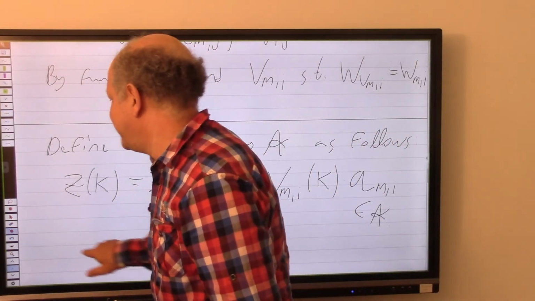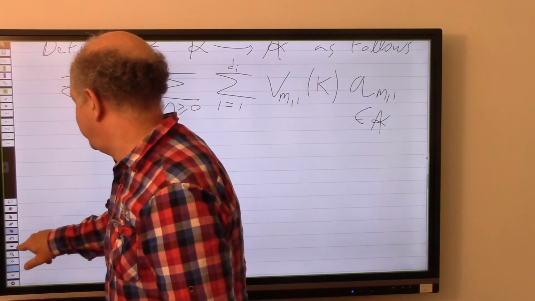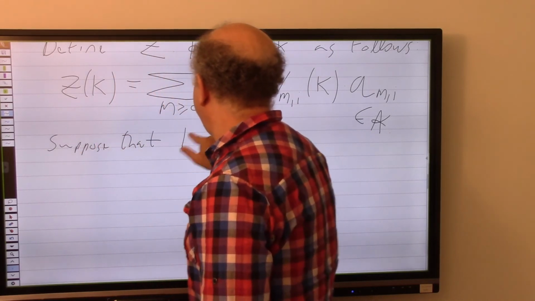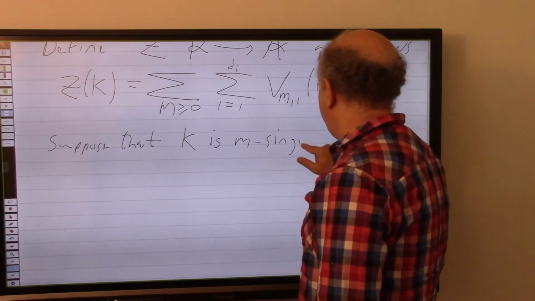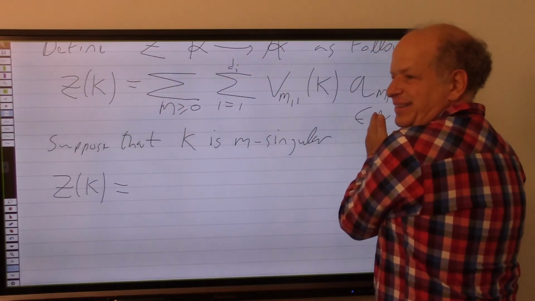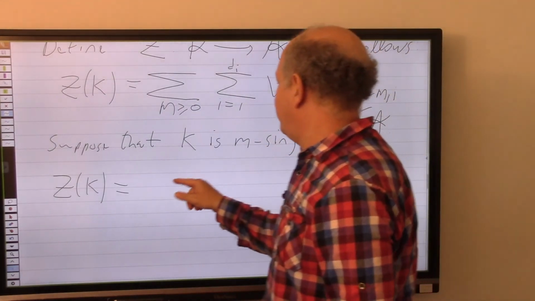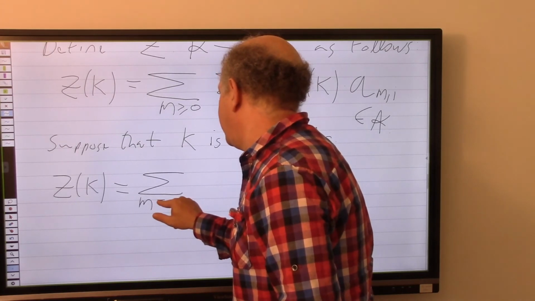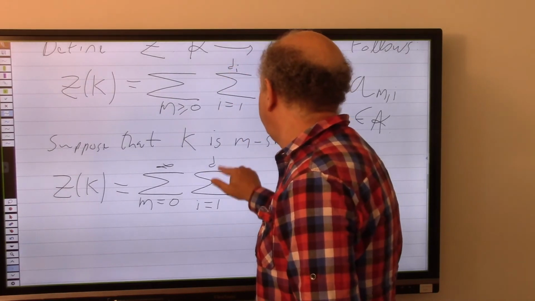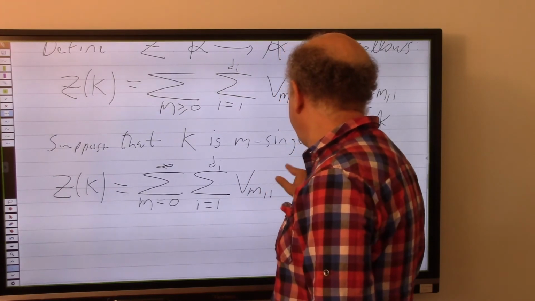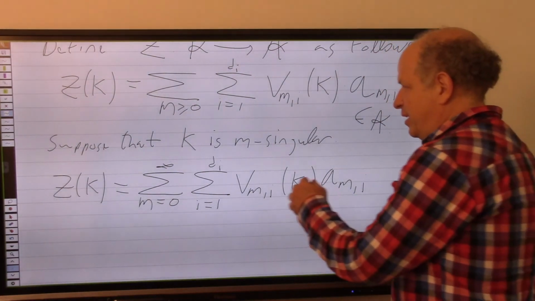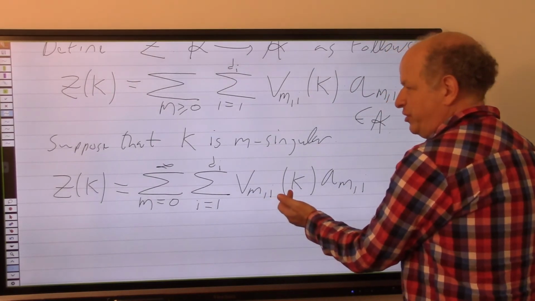Now I have to check that it has the desired property. So suppose now that K is m singular, and let me compute Z of K. Z of K will be the sum as m goes from 0 to infinity of the sum over i from 1 to d_m of V_mi of K times A_mi.